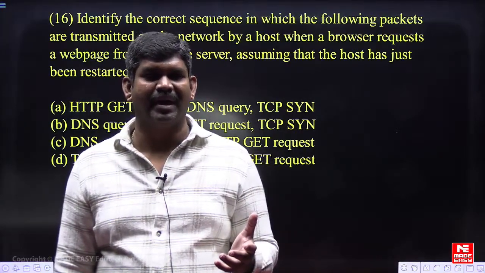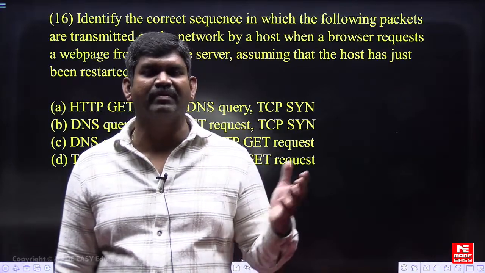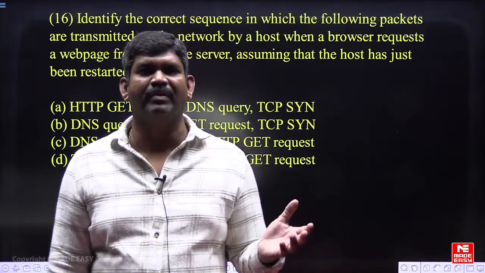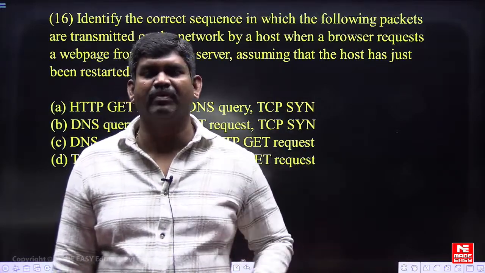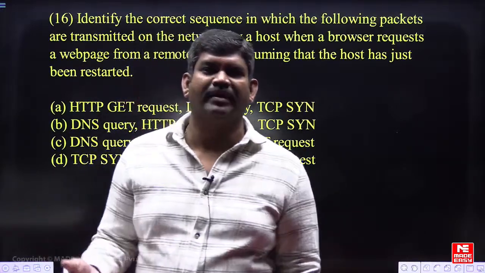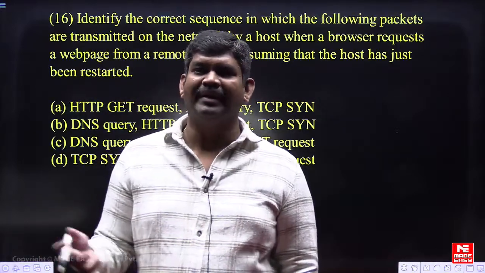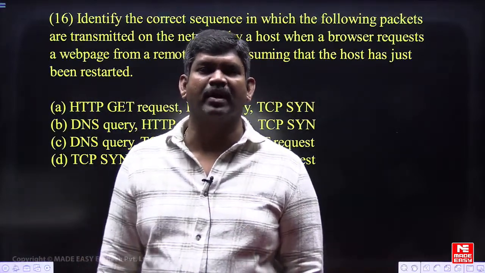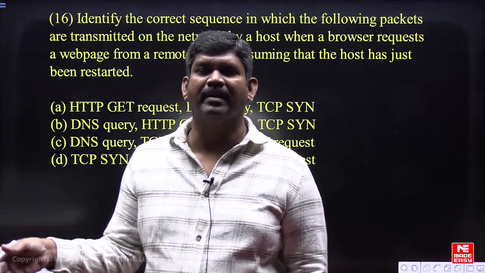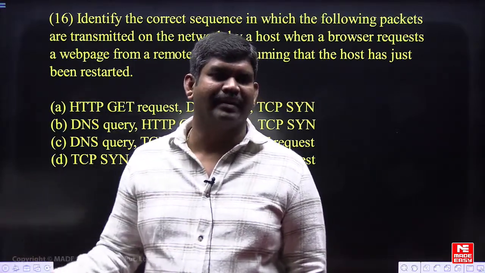If you don't get the answer, the IP address, then it will be forwarded to the immediate ISP, which is a default gateway. If you don't get it there, it will forward to a root server, then the top level domain, and then in the authoritative DNS server you will get the complete IP address, and then from that IP address you contact the web server.